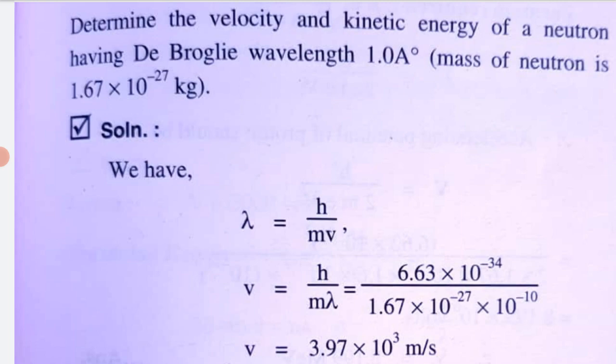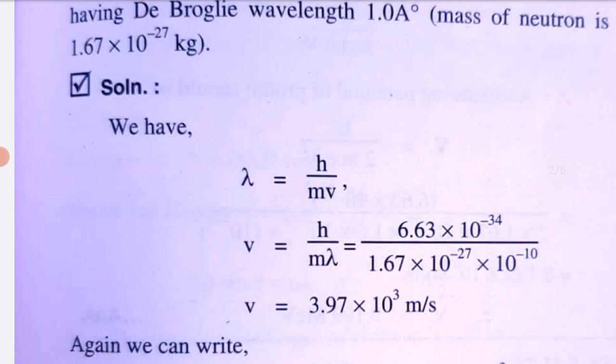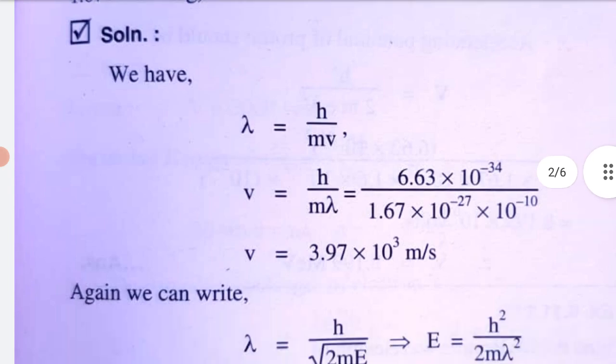Then we have to find v is equal to h upon m lambda, where h is the Planck constant, 6.63 into 10 raised to minus 34 upon the mass of neutron, 1.67 into 10 raised to minus 27, into 10 raised to minus 10. Then v is equal to 3.97 into 10 raised to 3 meter per second.